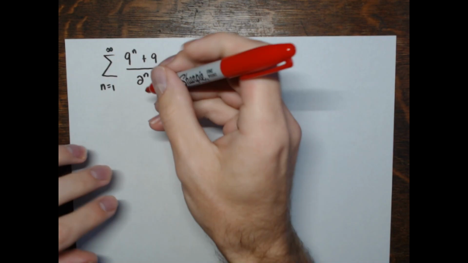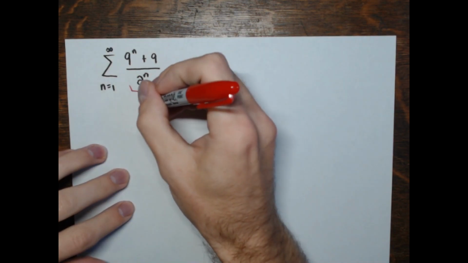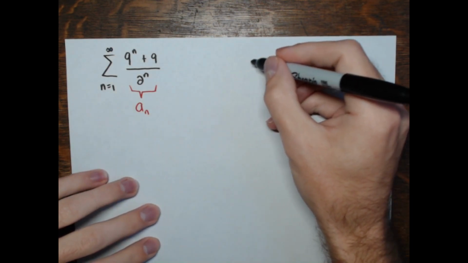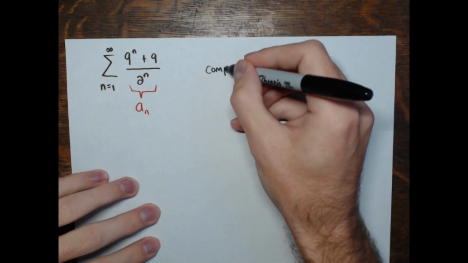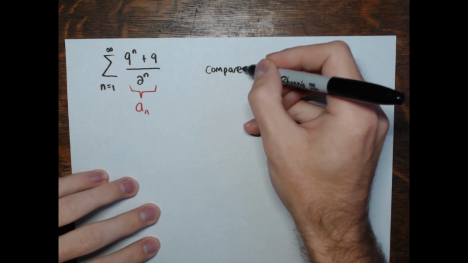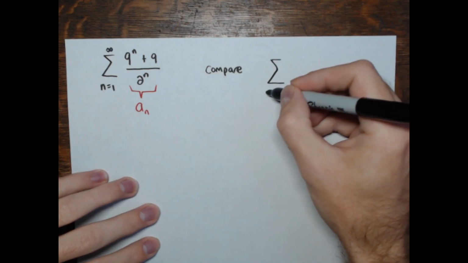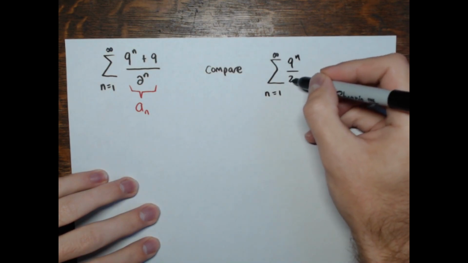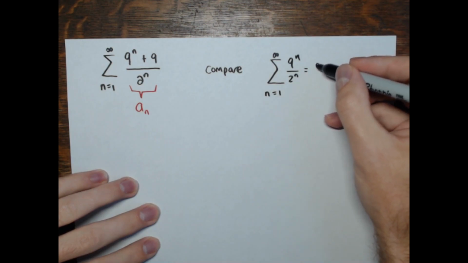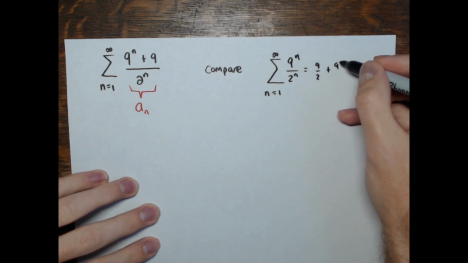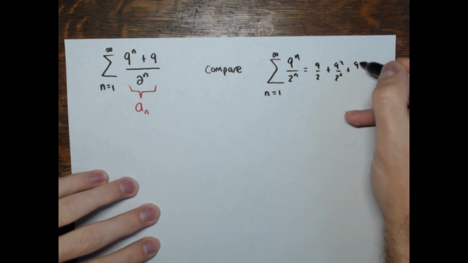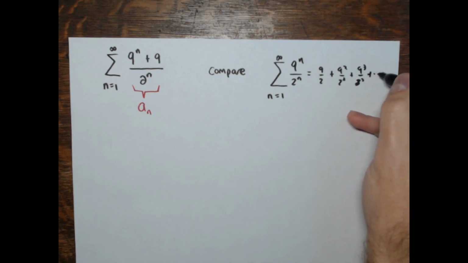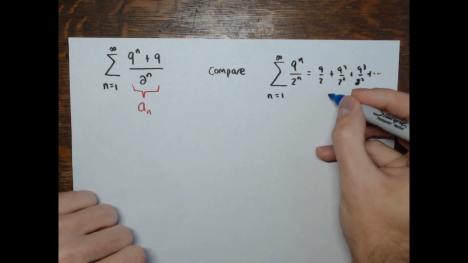Again, I'll call these the a sub n's, the sequence a that we're adding up. And I'm doing a limit comparison to the sum from n equals 1 to infinity of just 9 to the nth over 2 to the nth, which is 9 halves to the nth. The first term would be 9 halves, then 9 squared over 2 squared, then 9 cubed over 2 cubed. This is a geometric series.